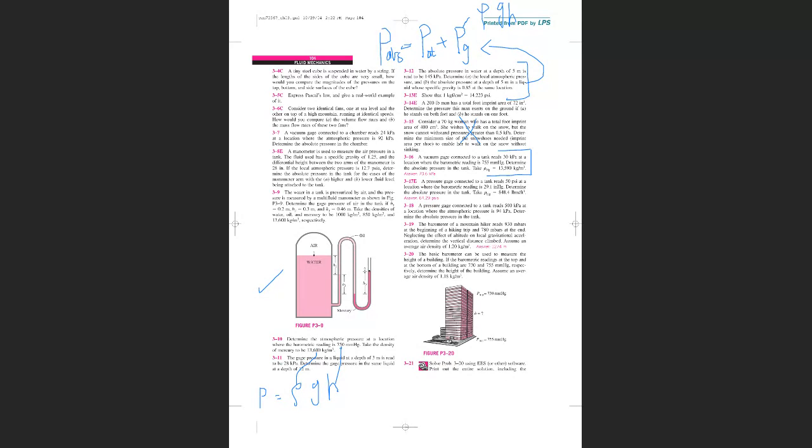Question 16 talks about what? A vacuum gauge connected to a tank reads 30 kPa at a location where the barometric reading is 750 millimeters Hg. Determine the absolute pressure in the tank.